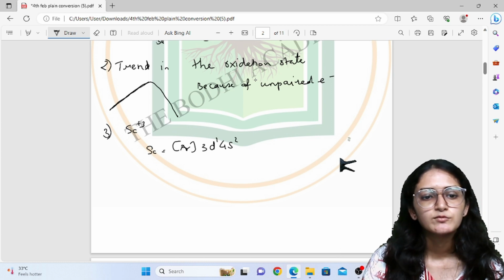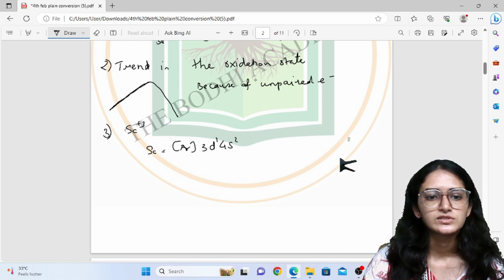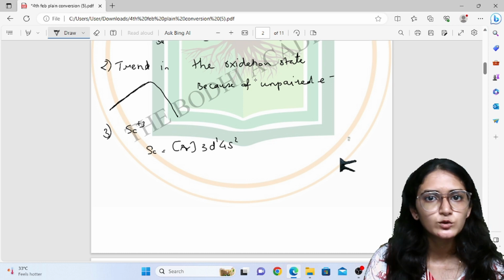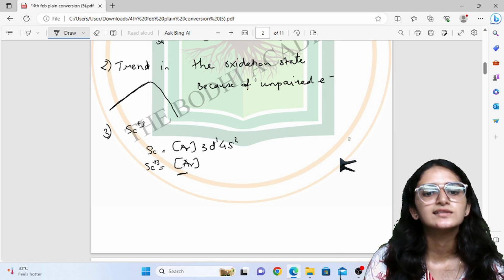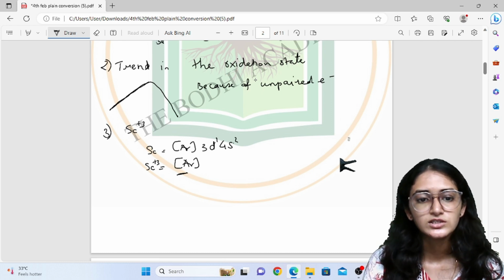This is the normal configuration of scandium. If scandium is showing +3 in its compounds, then +3 means we are losing 3 electrons. So 1, 2, 3, 3 electrons we have lost. So we are left with only argon. So scandium +3 has only this argon configuration.